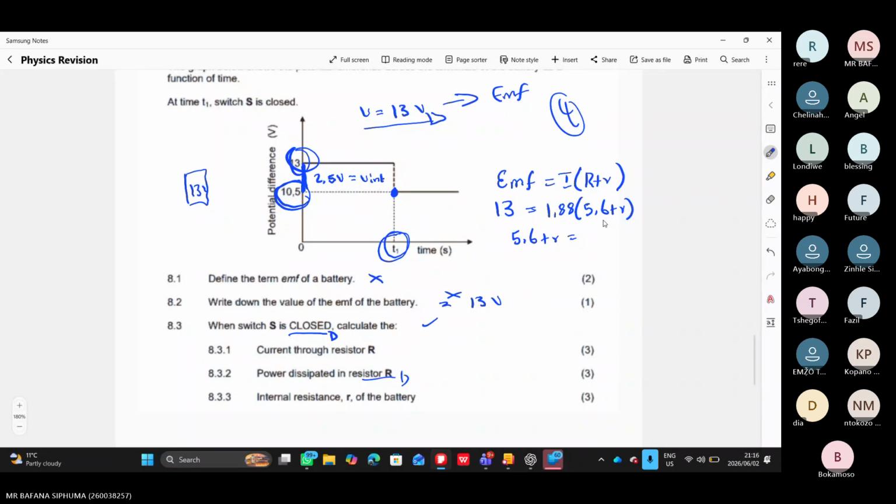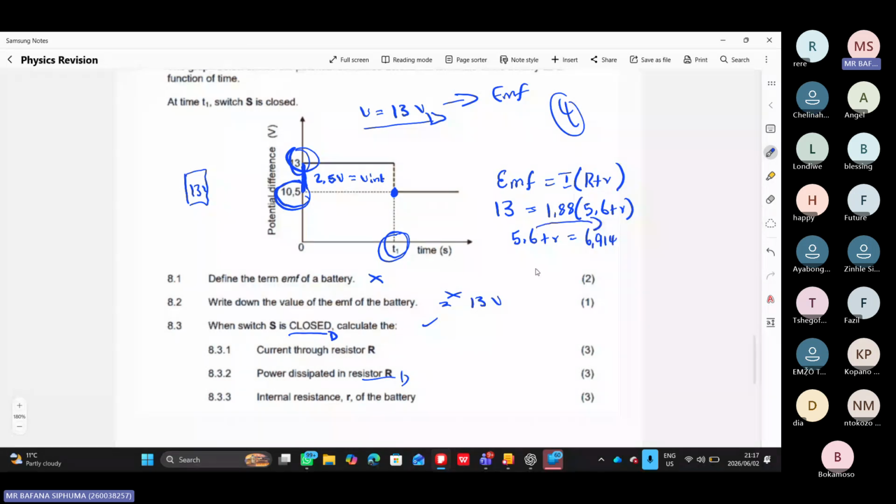How many decimal places, sir? Just give me two, when you are not going to round in the exam. Okay, give me 6.914.